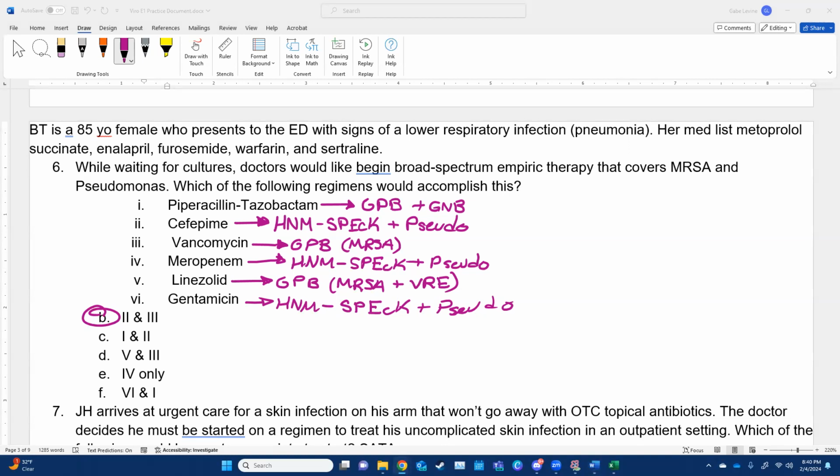Does piptazo cover MRSA? Can't ever remember. No, it doesn't. That's right, because it doesn't cover MRSA. It's huge gram-negative coverage. That's why. I always confuse ampicillin-sulbactam and piptazo. I always get confused.